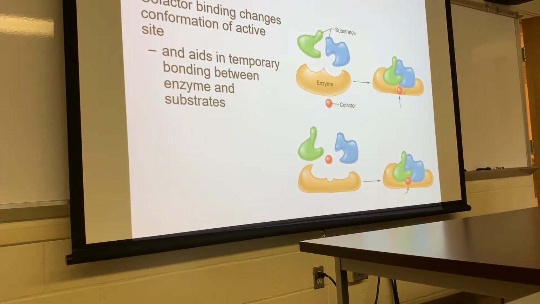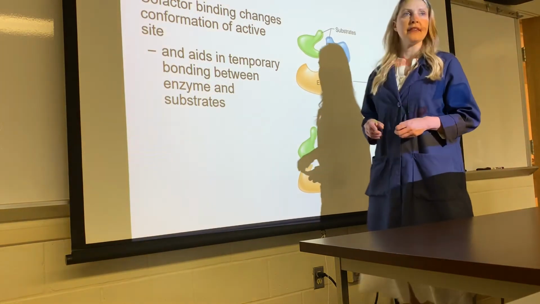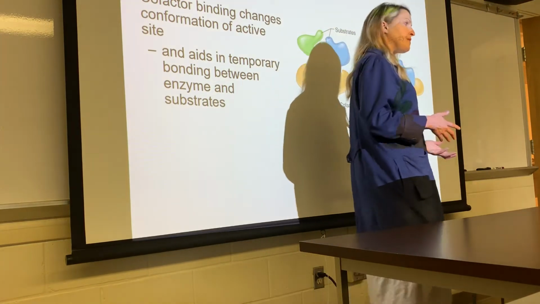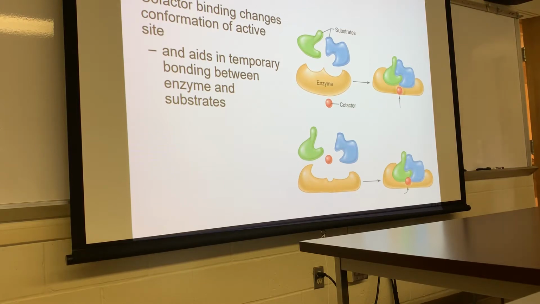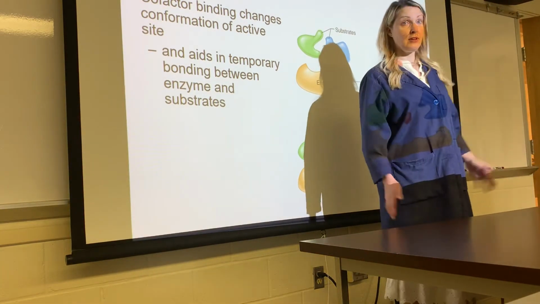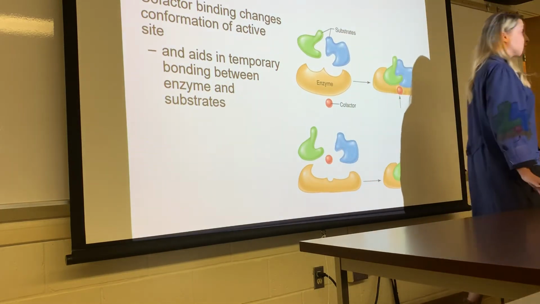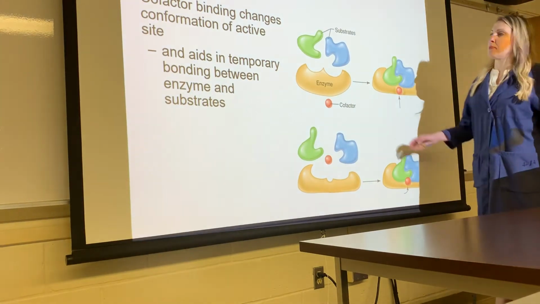But when it hits the acidity of the stomach or the small intestine, that's when they become pepsin and trypsin. Part of the reason for that is that the binding of cofactors activates these enzymes. If these enzymes were always active, the pancreas and the stomach would digest themselves, and that wouldn't be so good, right? We don't want the enzymes always working. We want to regulate when enzymes work and when they don't. So cofactors help with that.